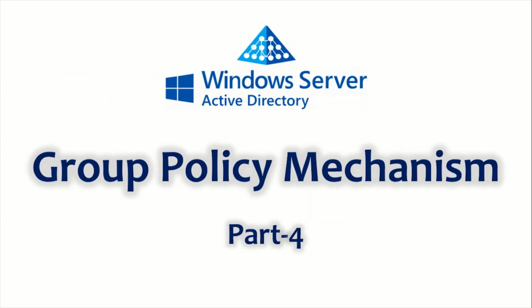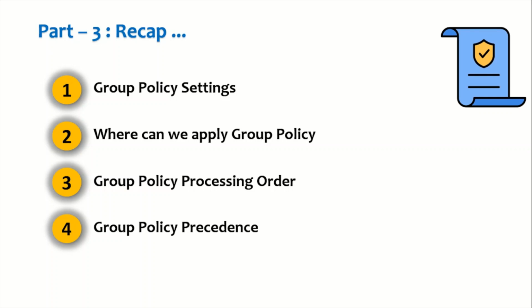So we'll be continuing our group policy mechanism part 4, and let's see what we have covered in part 3. In part 3 we have seen group policy settings, where we can apply group policy, processing order and group policy precedence.